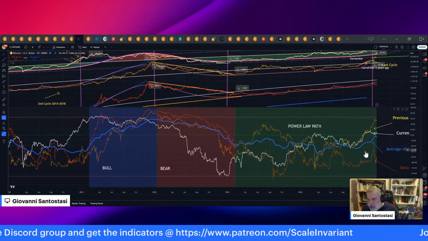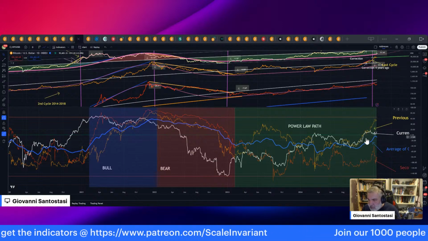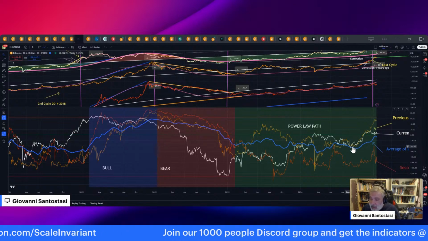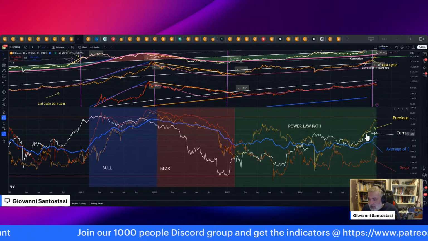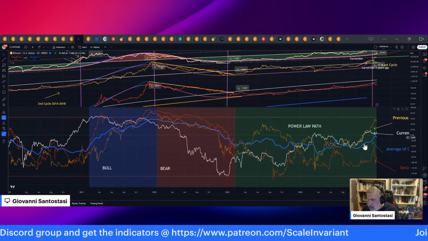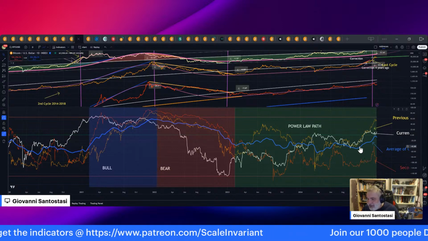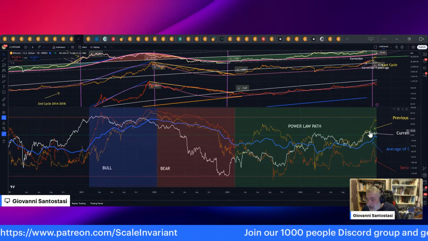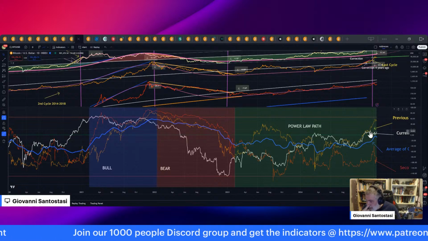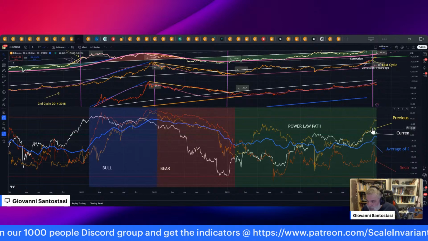And this also allows us to compare the different cycles in a meaningful way. And when somebody says, oh, this cycle looks like 2017, this is 2017. It doesn't look anything like that. Okay. It did look almost like a carbon copy of the last cycle up to this point where there was a divergence.